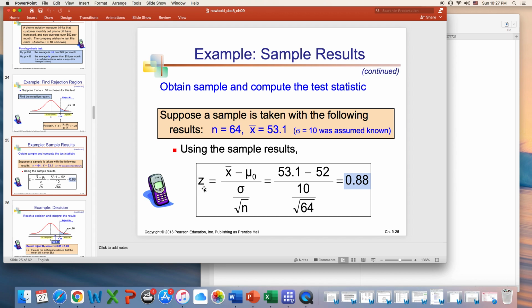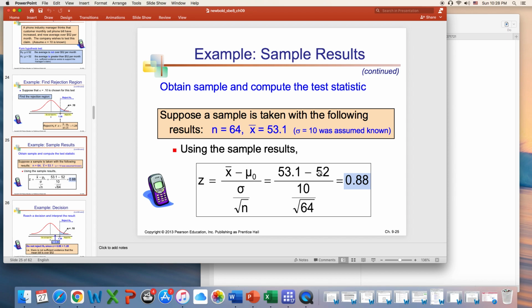The z-test is where you want to test the difference, the gap, between the sample mean and the population mean. The sample mean is the one given here in the story, which is 53.1, and you want to see how far it is from your guess. Let's say the guess is 52, or you read in the newspaper that the mean is 52. Let's say after you graduate from college, you want to know how much you're going to earn per year.